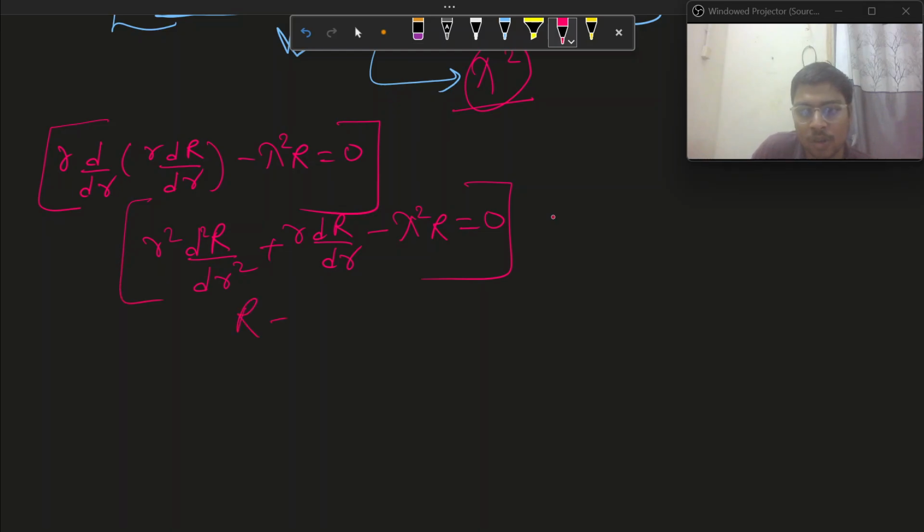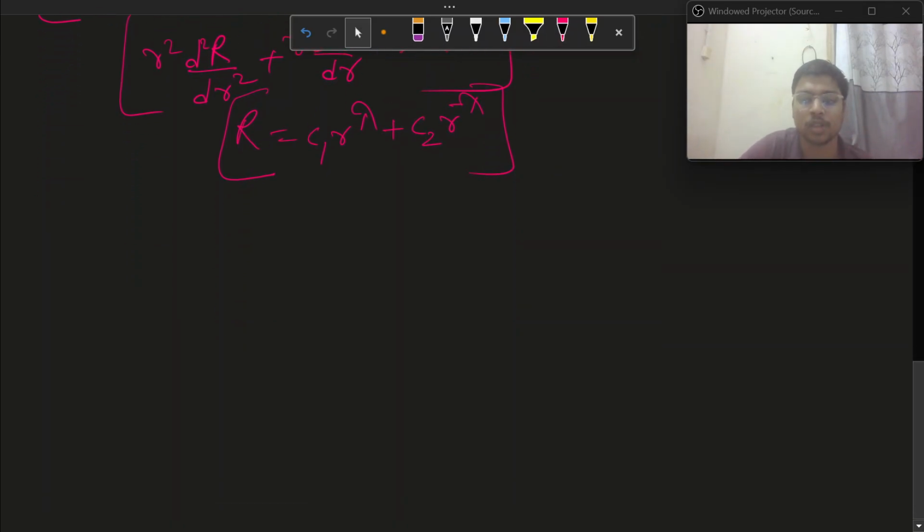So R is equal to c1 r to the power lambda plus c2 r to the power minus lambda. This is a differential equation we are solving.